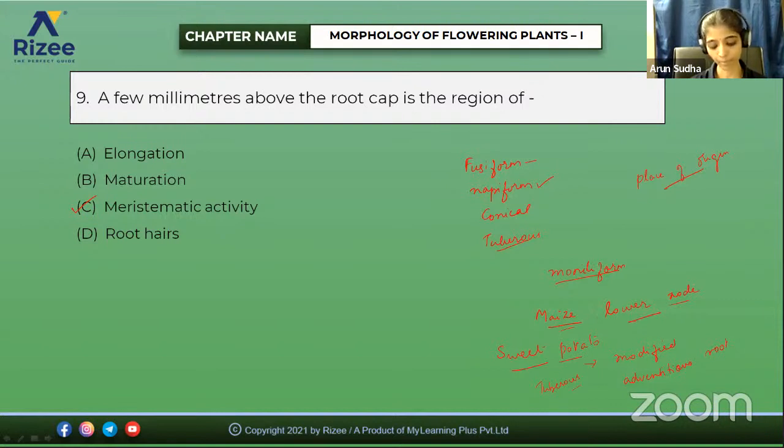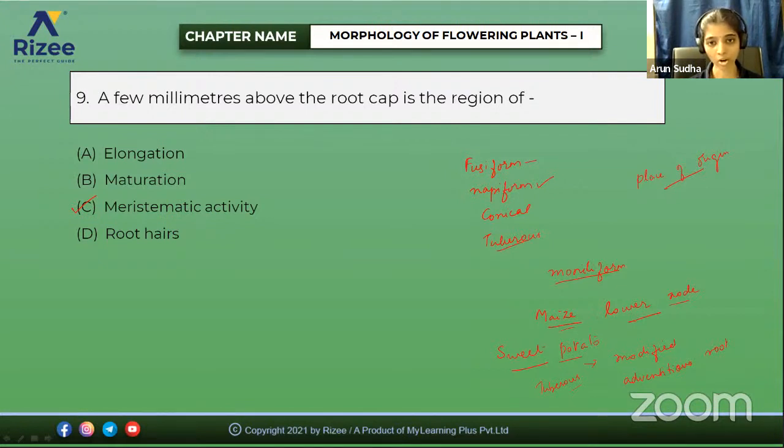Then the edible part of turnip is a modified adventitious root, a modified taproot, stem, or underground stem.